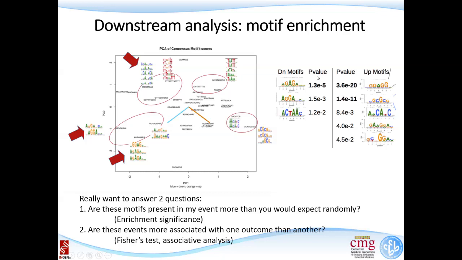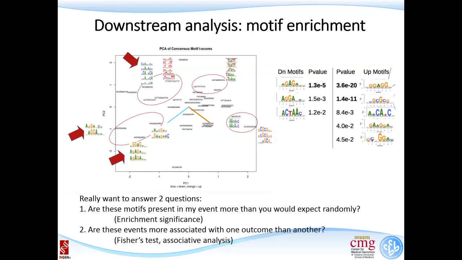But we know that events can have more of a particular exon or less of a particular exon. And we have exons that have both been included more frequently than you would expect and included less frequently than you would expect. So we can associate a motif with increasing the amount that we see an exon, or we can associate a motif with decreasing the amount of times we see an exon.